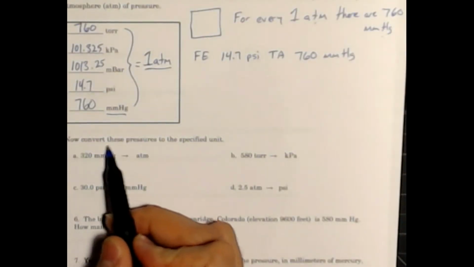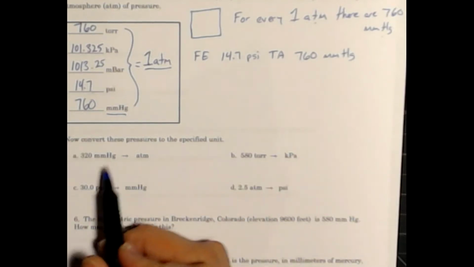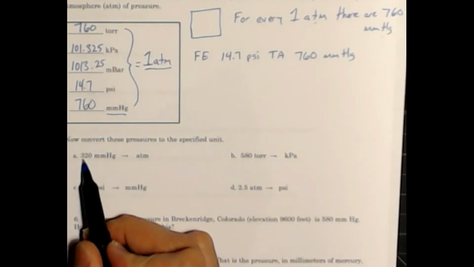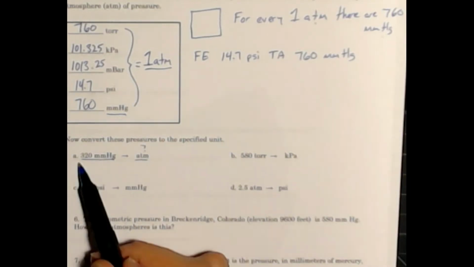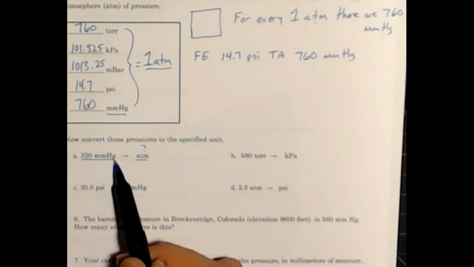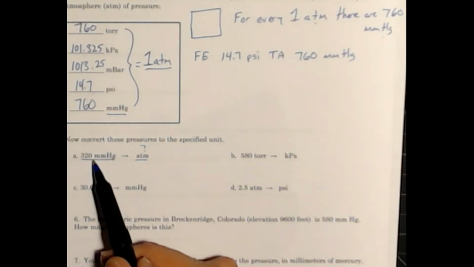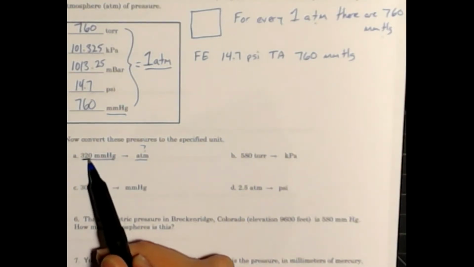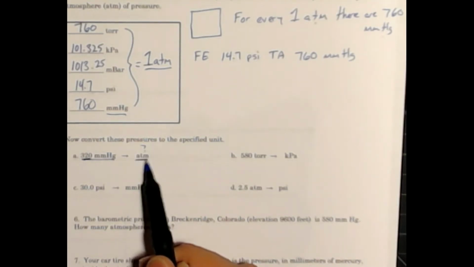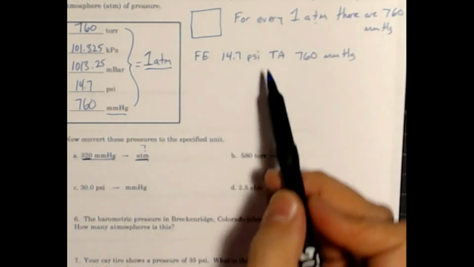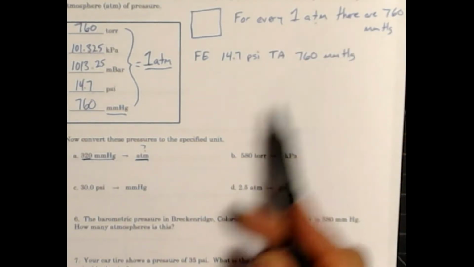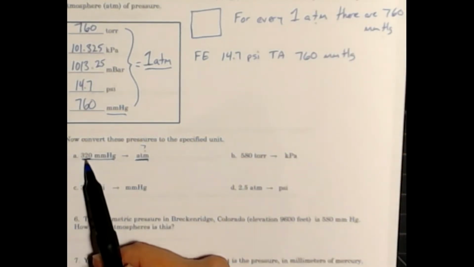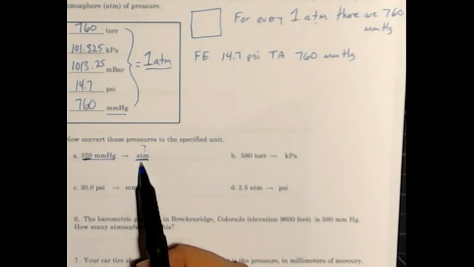It's saying convert these pressures to the specified unit. So they're giving us some number in millimeters of mercury, and they're asking us for atmospheres. What we can also do is write this as its own for every statement, because there's a relationship between this number of millimeters of mercury and some number of atmospheres. So we've got a relationship we can use here. For every 1, there are 760. And now we can ask, okay, well, for every 320, how many do I have?